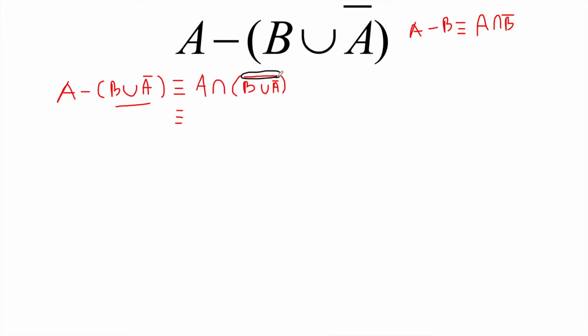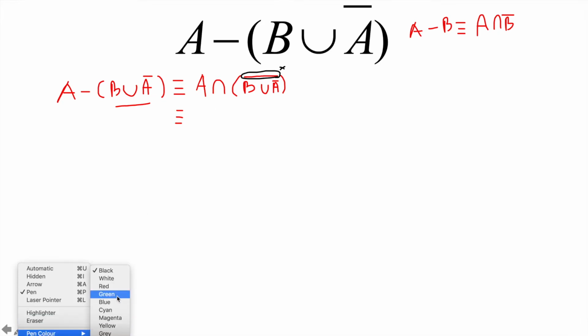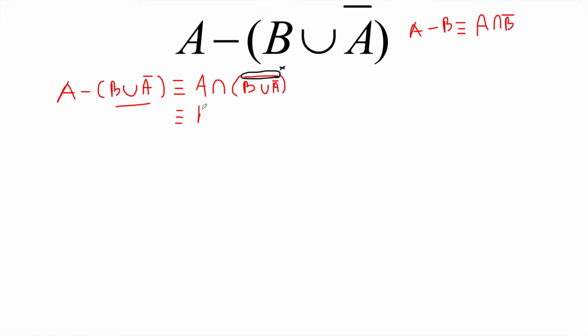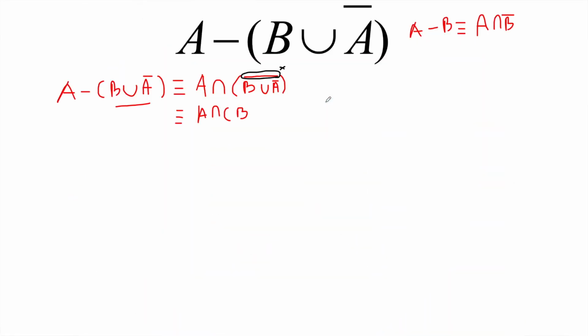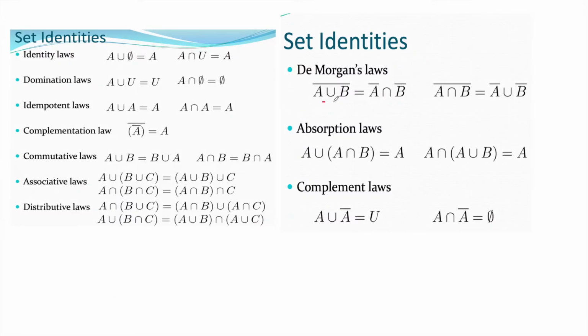Okay, we want to get rid of it, so we can use the De Morgan law. So now we copy this, and then to get rid of this, we use De Morgan law. This one does not have R, so we use this one.